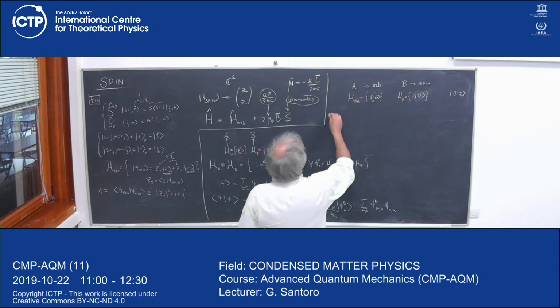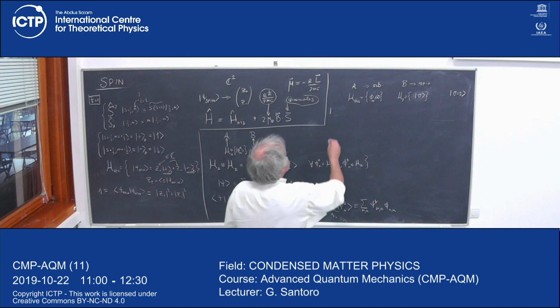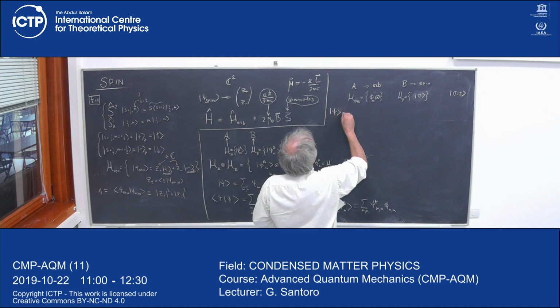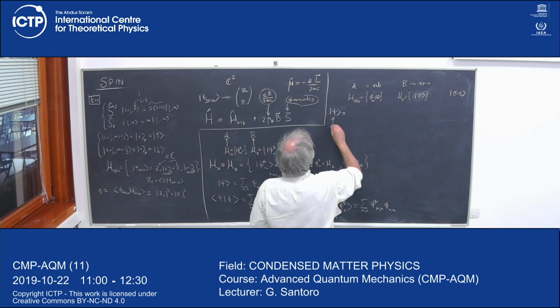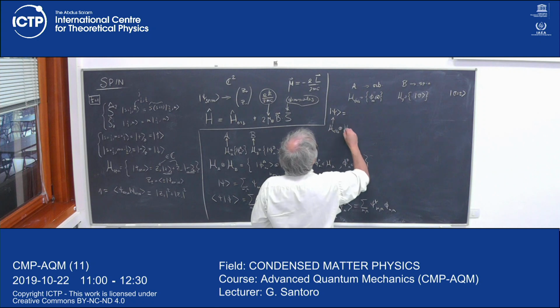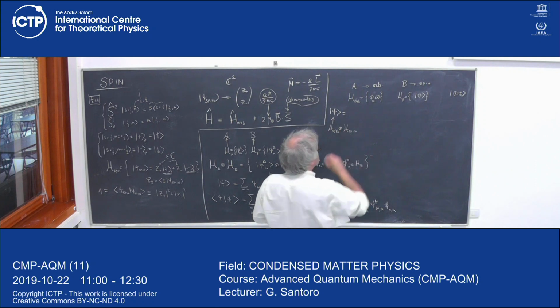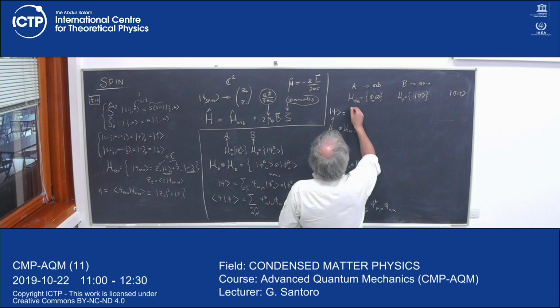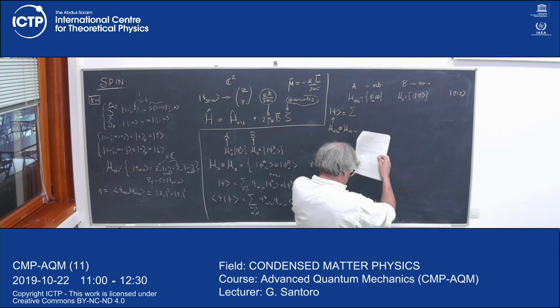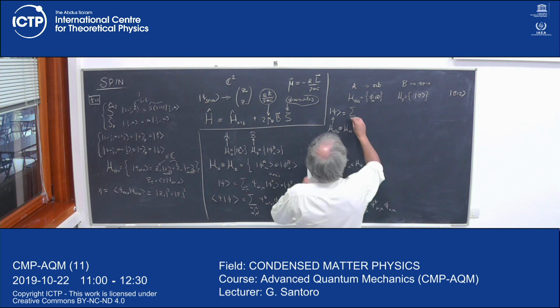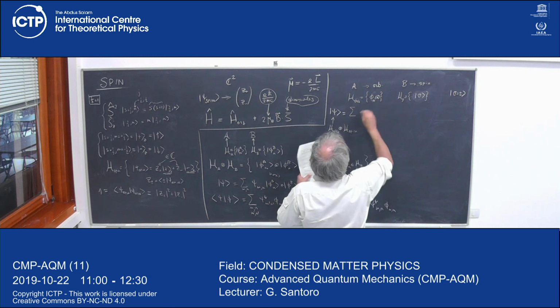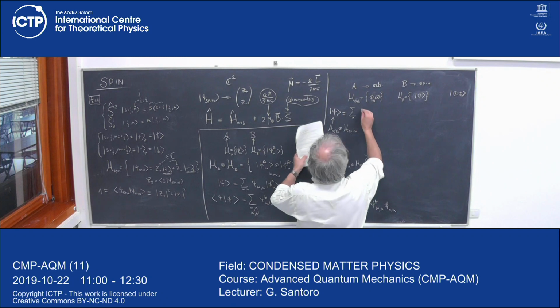Good. So let's now write, with the same technique, the most general state of the tensor product. This belongs to H orbital tensor product H spin. Let's write it. It will be a sum over n, sum over sigma equal to plus or minus.